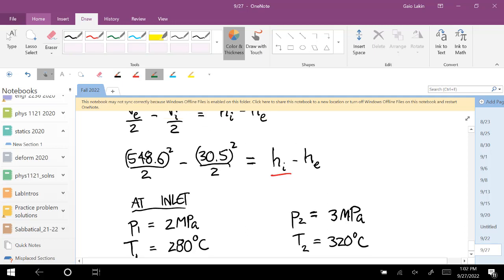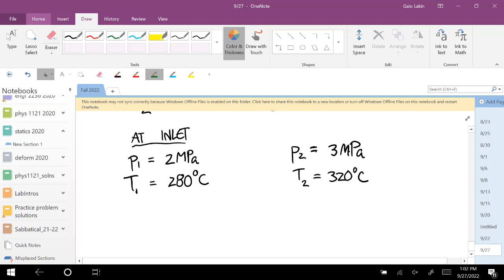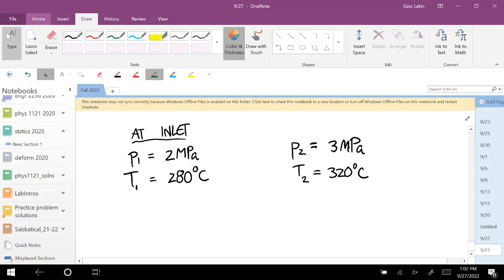Well, we're pretty close to just being at 2 megapascals and 320, so that would give you a pretty good approximation. But let me just do this one. Okay, so those are our points.